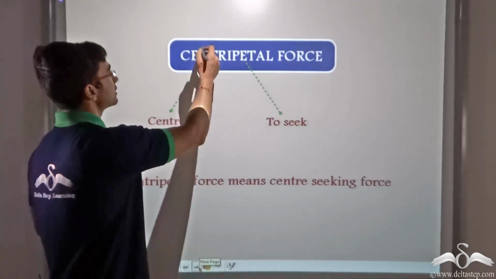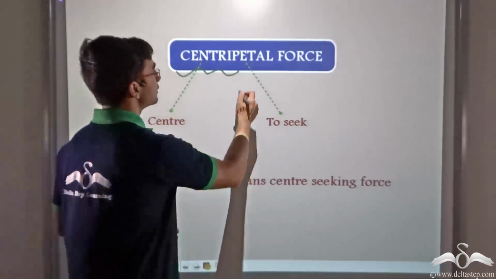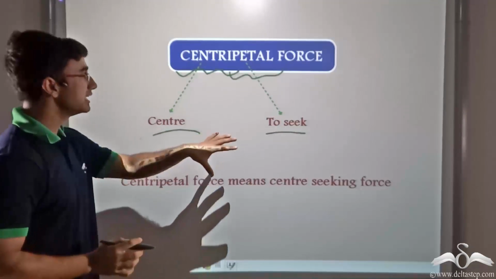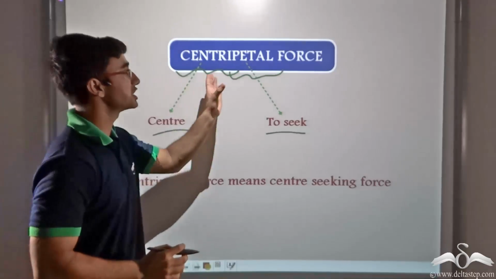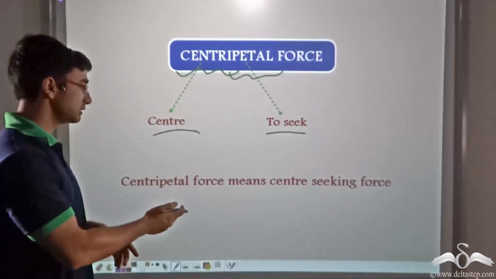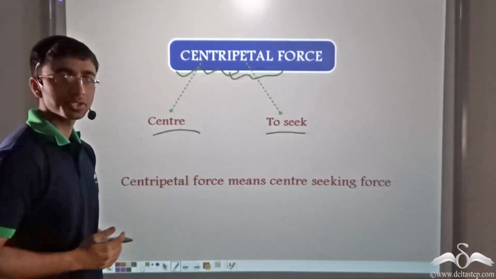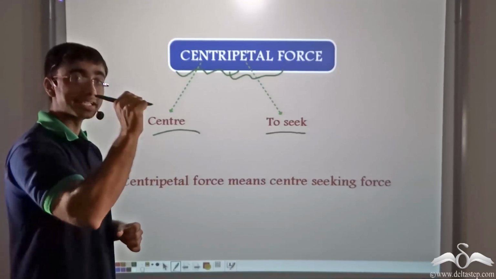These Latin terms are centrum, meaning center, and petere, meaning to seek. So it means center seeking force, or in other words centripetal force, which is nothing but a force which seeks out the center. As we clearly saw in the case of the string and the stone, the force was acting towards the center of the circle.